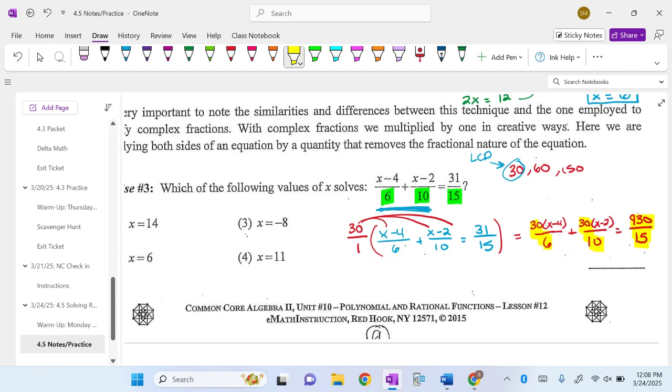Open relationships. What qualifies an open relationship in math? What two operations? They're opposites of each other.